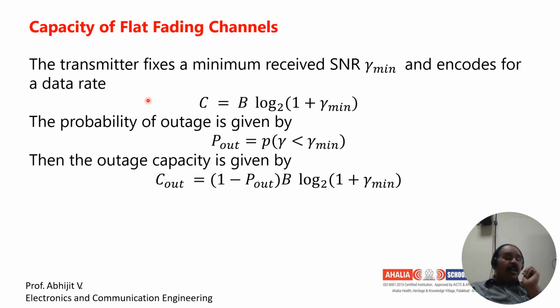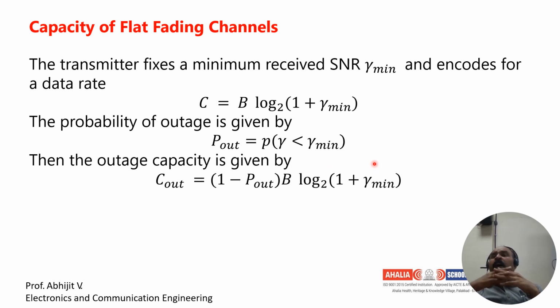The transmitter fixes a minimum received signal to noise ratio and encodes for a data rate. The capacity C is given by C is equal to B log to the base 2 1 plus minimum required signal to noise ratio. The probability of outage then is given by P out is equal to probability that the signal to noise ratio is less than signal to noise ratio minimum.